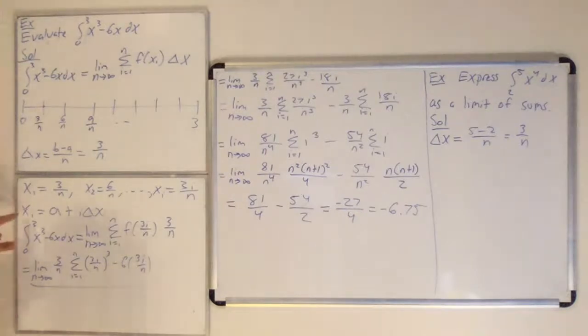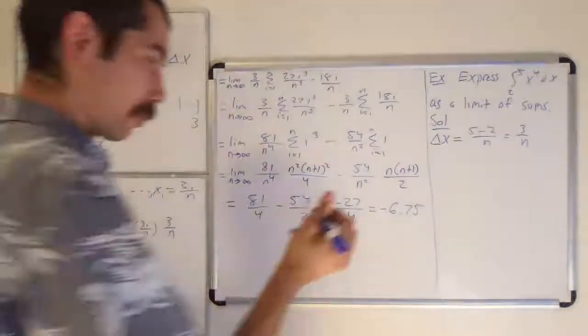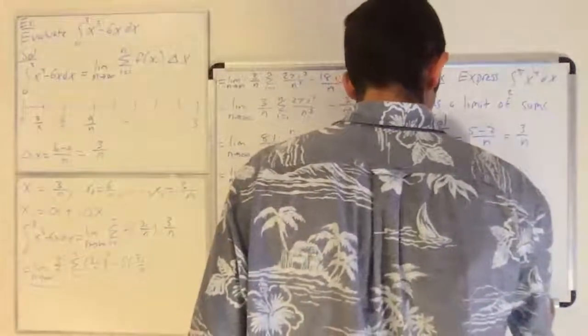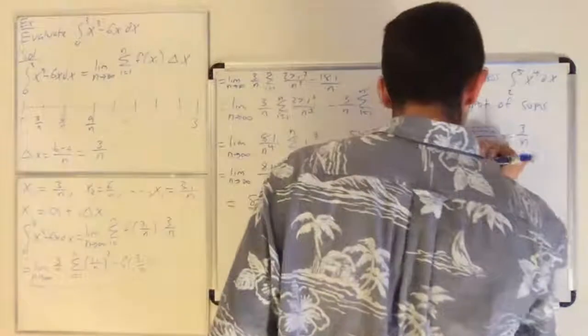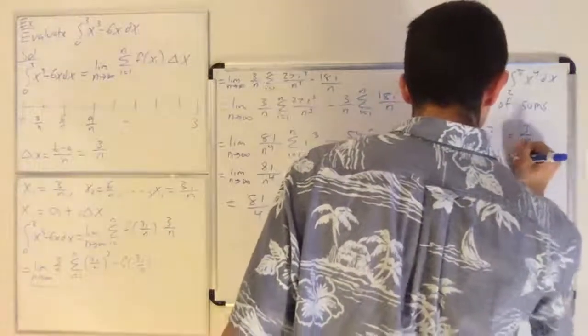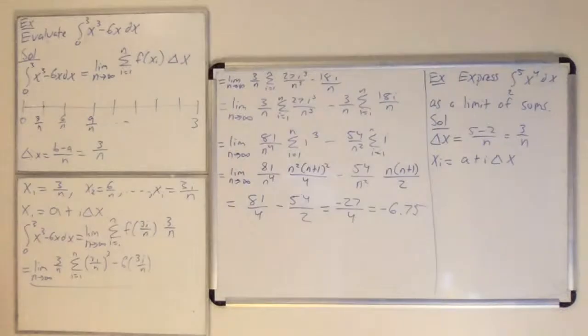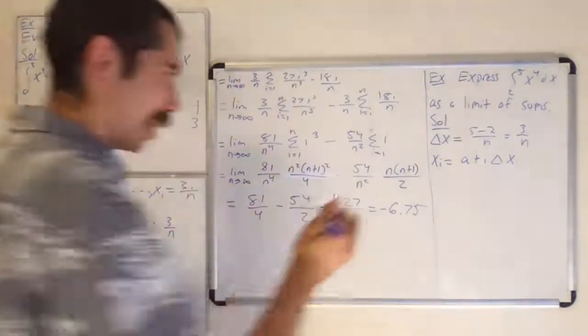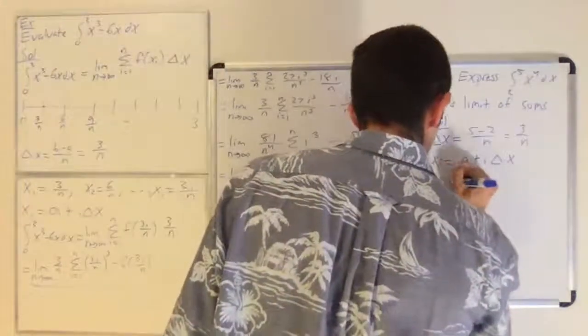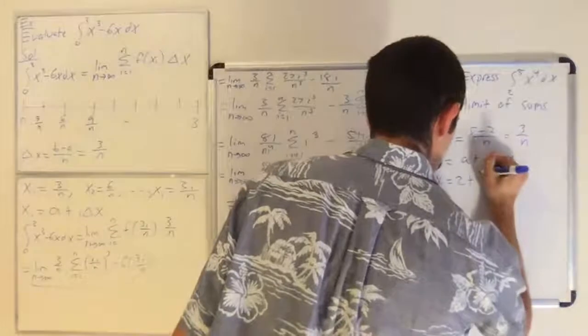And x sub i is a plus i delta x. So x sub i is equal to 2 plus 3i over n.